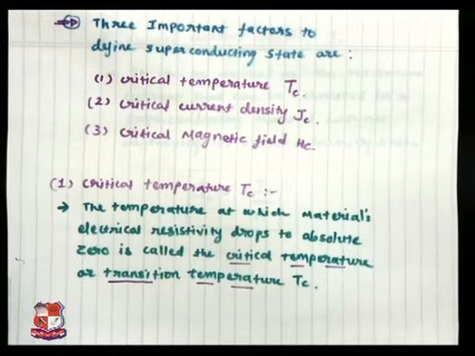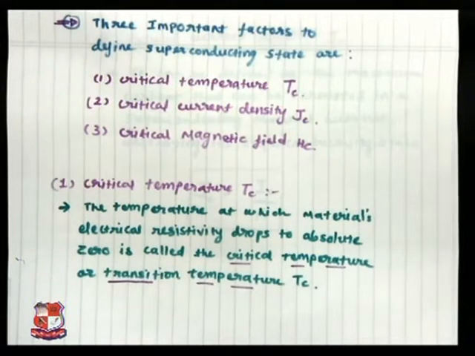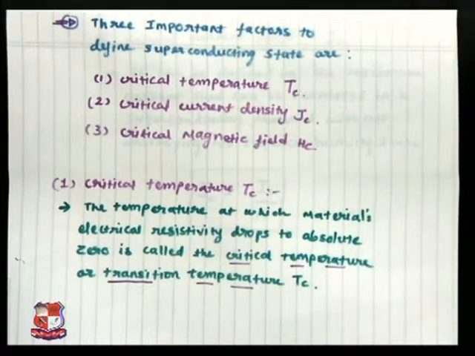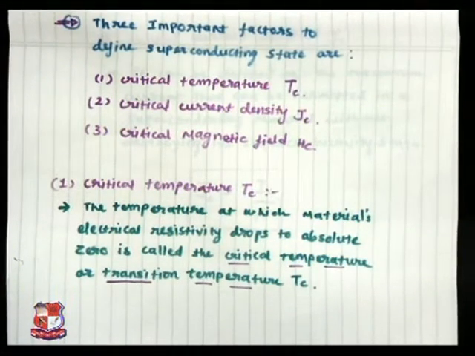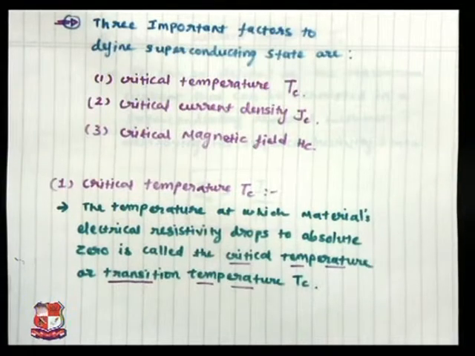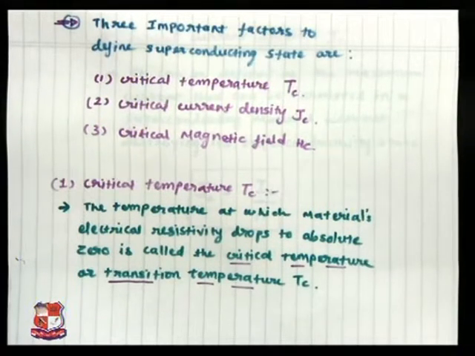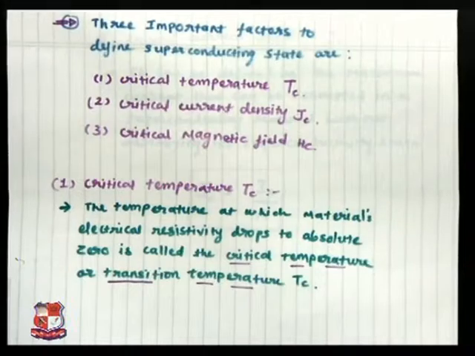That means a particular temperature value at which the resistivity tends to zero is called the critical temperature, or you can also name it as transition temperature.